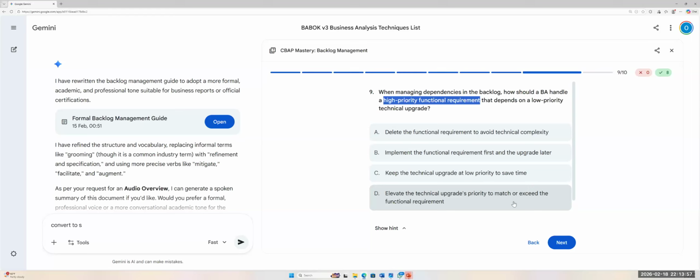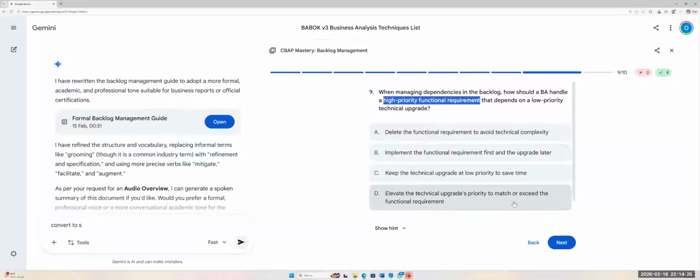For me, it's urgent. I would say maybe not urgent, but it's a high priority functional requirement. So you can't keep the low one at the low level without implementing the high one, because the high one depends on the other one, the technical requirements.